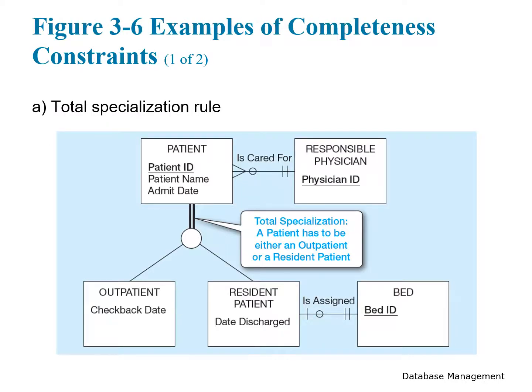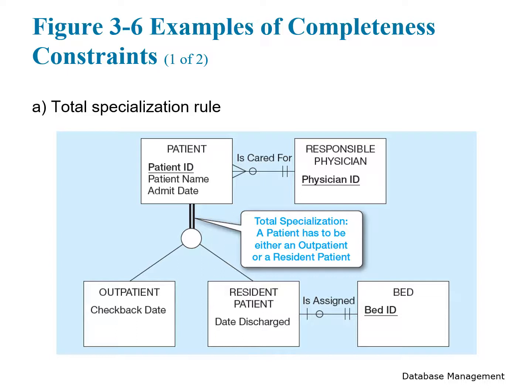Figure 3-6, example of completeness constraint, A: total specialization rule. You can see patient ID, patient name, and admit date in the same entity, and then there is a double line.